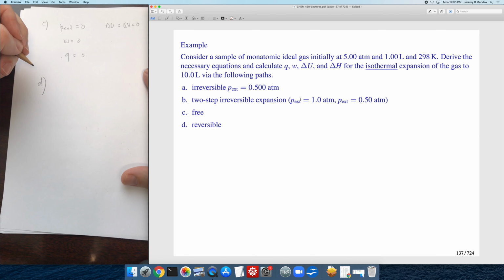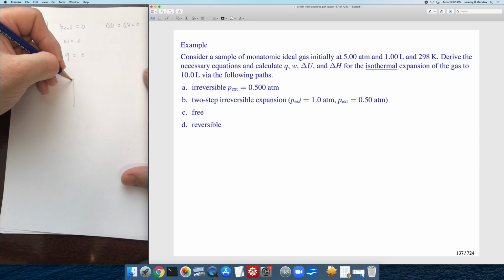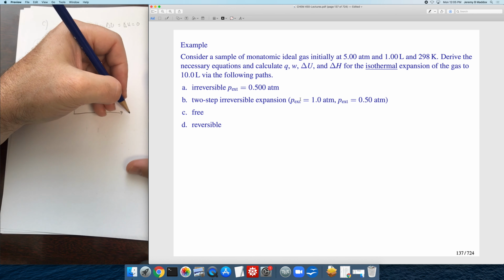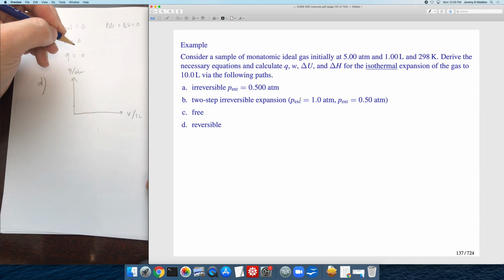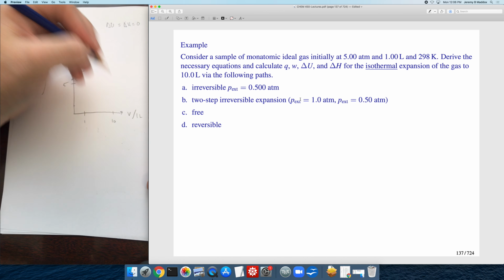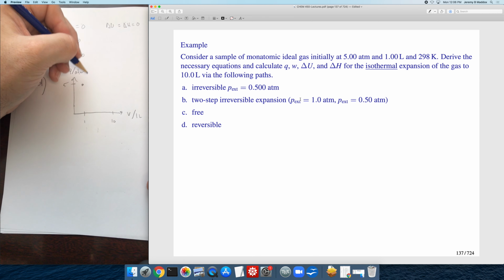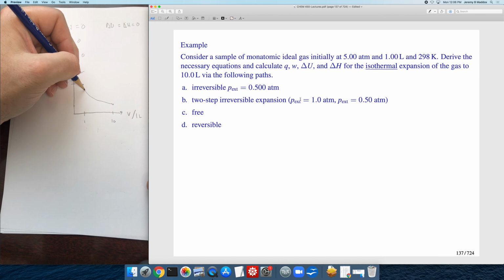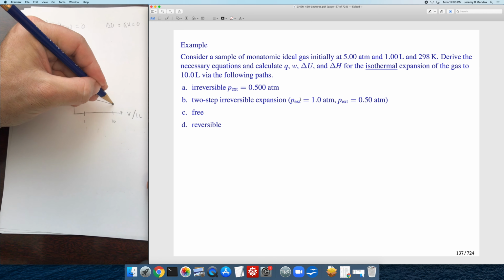In part D, what we're going to be doing is now the reversible gas expansion, where the gas is in equilibrium all throughout the expansion, which means that it's going to follow the isotherm. So the system is going to follow the isotherm down.